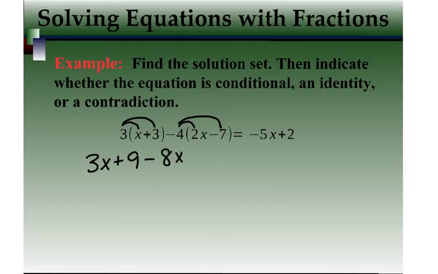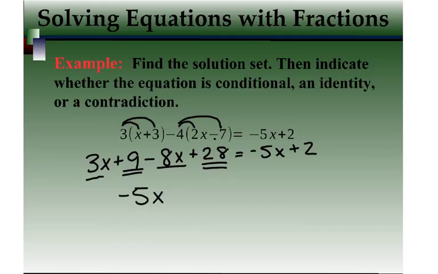And remember, a negative 4 minus 7, that's going to become positive 28. And then it's equal to negative 5x plus 2 on this other side. All right, if we combine our like terms, this is what we're going to get. Combine those two and these two, get a negative 5x plus 37 equals a negative 5x plus 2.